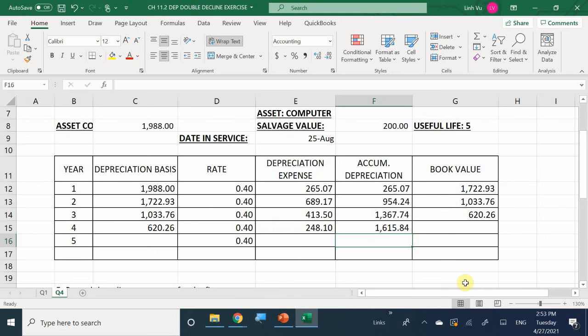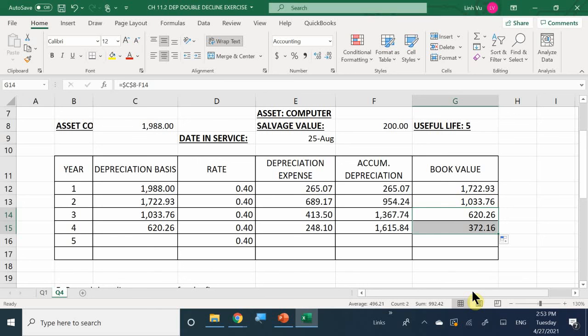Okay, 1,615.84. So therefore, what's going to be my book value? 1739.90? No. 372.16. 372.16 is correct.